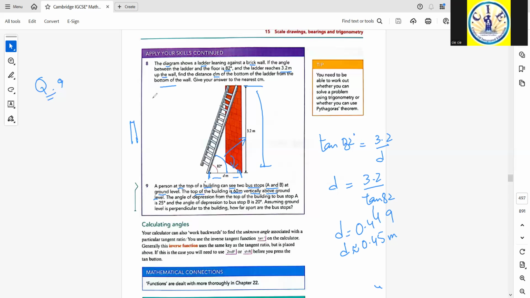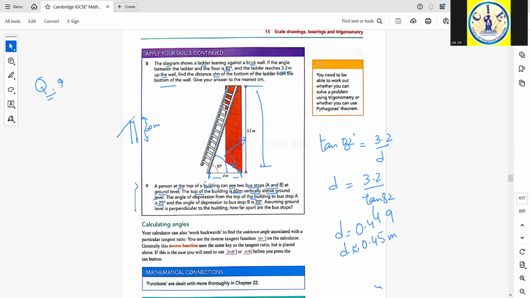The top of the building is 60 meters vertically above ground level. So this height is 60 meters. The angle of depression from the top of the building to bus stop A is 25 and the angle of depression to bus stop B is 20 degrees.